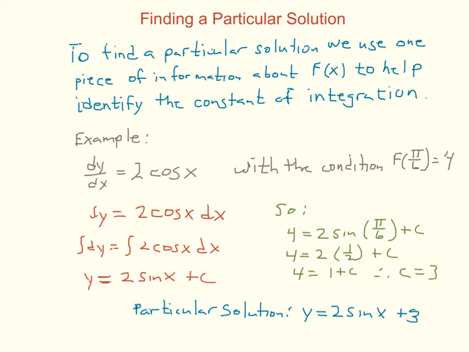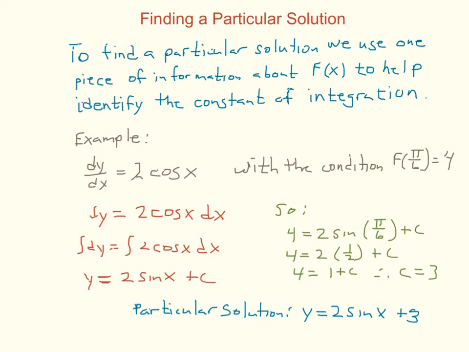So when I plug everything in, I will now have 4 equals 2 times the sine of pi over 6 plus c. Now I've got to think back to my unit circle, and I remember that sine of pi over 6 is equal to 1/2. So I have 4 equals 2 times 1/2 plus c. When I simplify that, I get 4 equals 1 plus c. So therefore, I know that c is equal to 3.